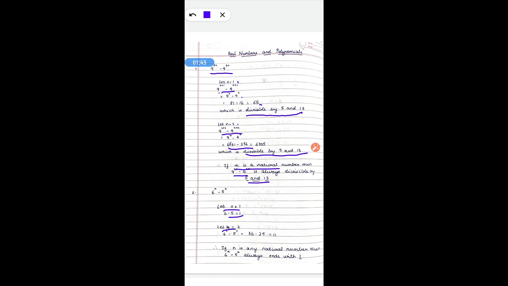Let us take n equal to 2. We get 6 square minus 5 square, which is 36 minus 25, equal to 11. Therefore, if n is any natural number, then 6 power n minus 5 power n always ends with 1.